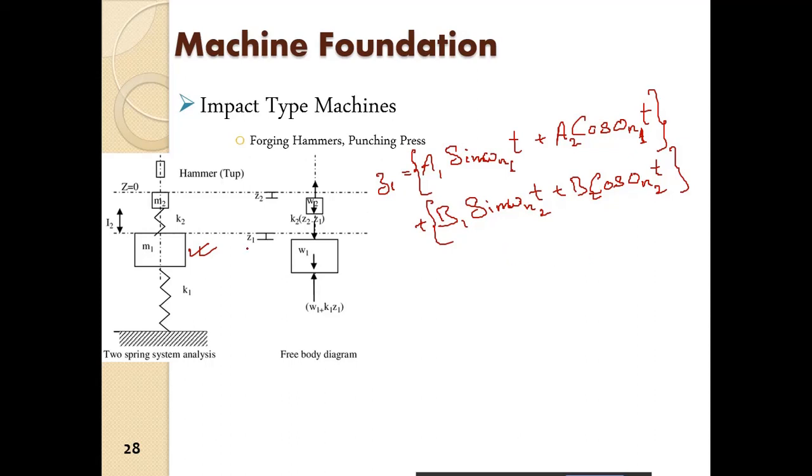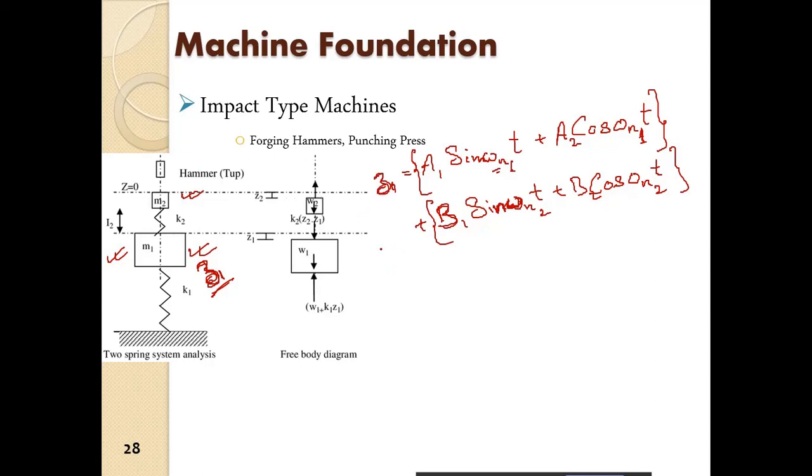Okay, so the motion z1 will be influenced by the frequency of the top mass as well as the frequency of the bottom mass. Basically, there will be two frequencies at which the system will operate. So this is the total combined z1 motion.